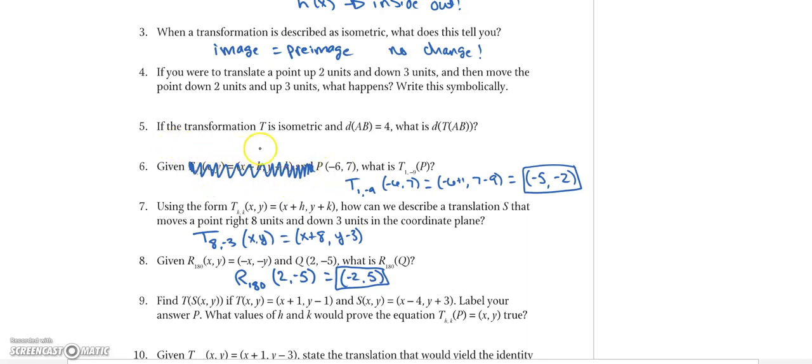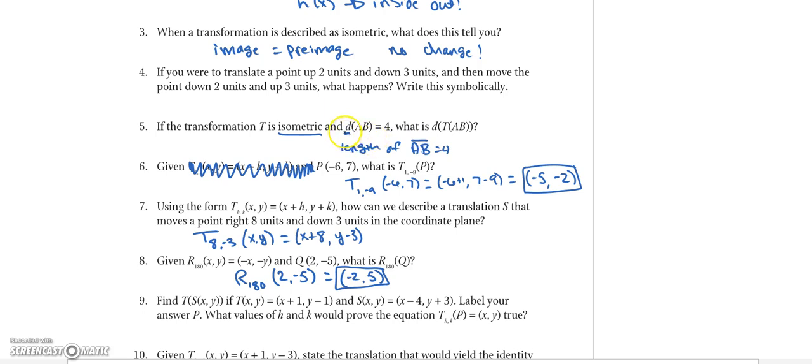For number 5, if the transformation T is isometric and d(AB) equals 4, what is d(T(A)T(B))? Here's what this means. You have some transformation T. I don't know what it's going to be, but it's isometric, meaning the image and the pre-image are congruent. This lowercase d means the distance or the length, so the length of AB equals 4.